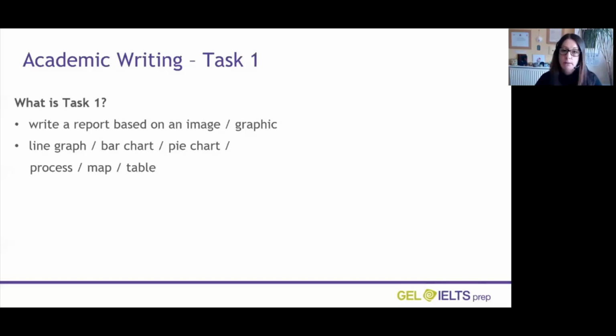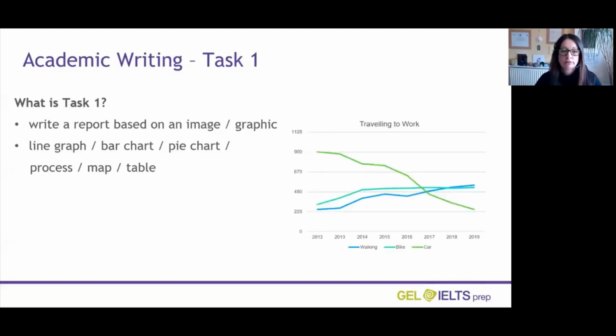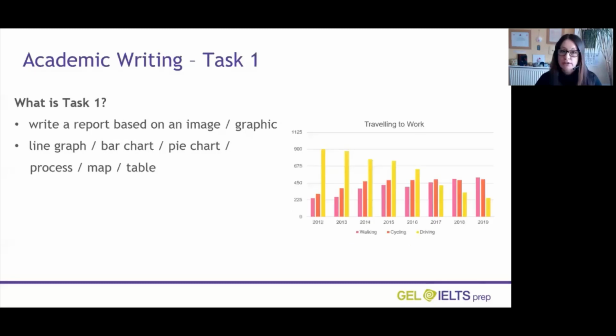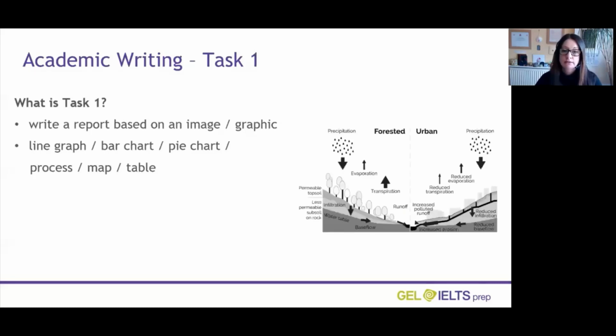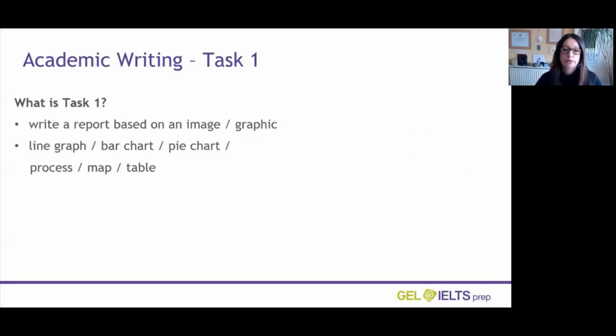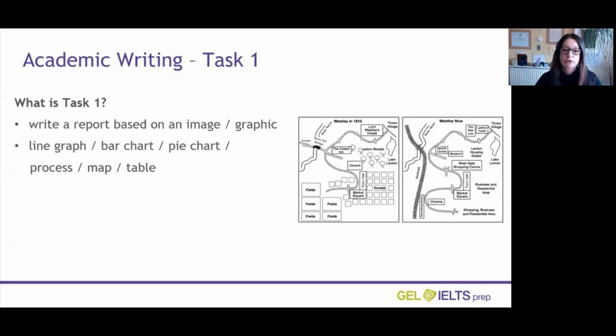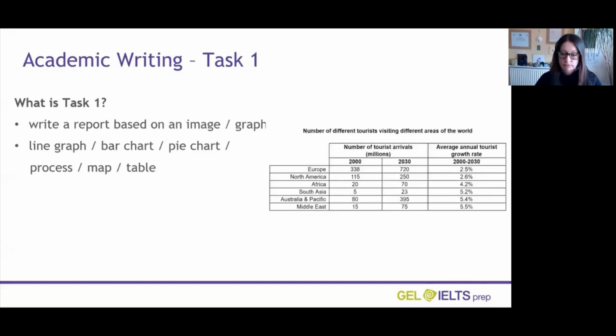So, for example, a line graph, a bar chart, a pie chart, a process, a map, or a table. So any of these types of graphics that we've just seen on the screen, these could be the ones that you get in your IELTS test.